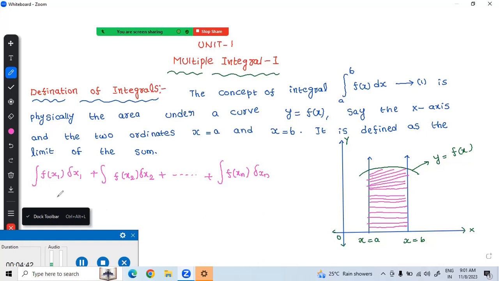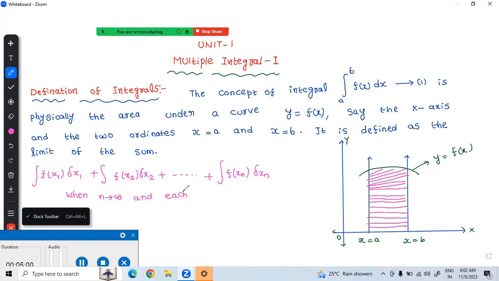Apply the limit when n tends to infinity, that is the meaning.